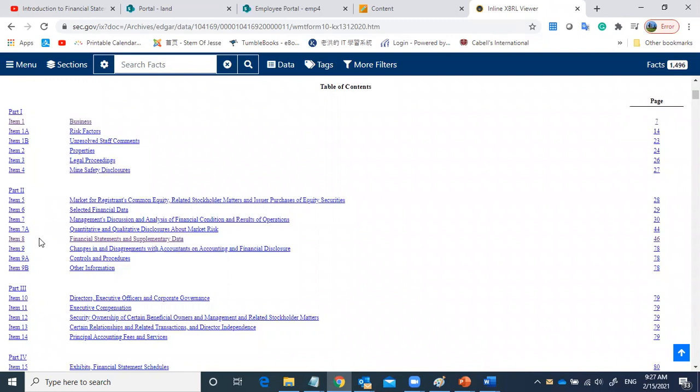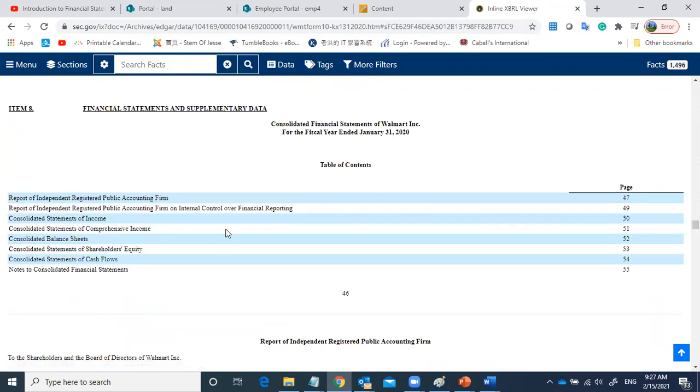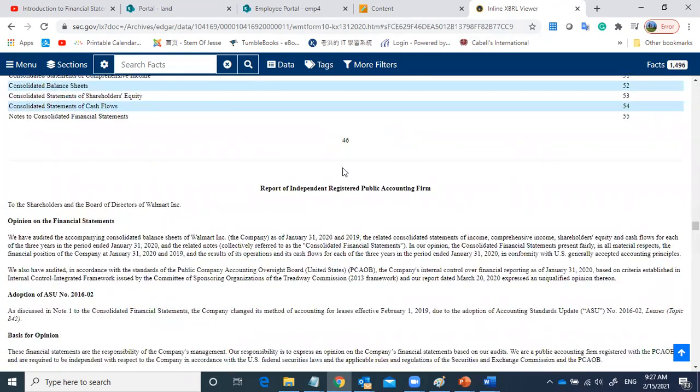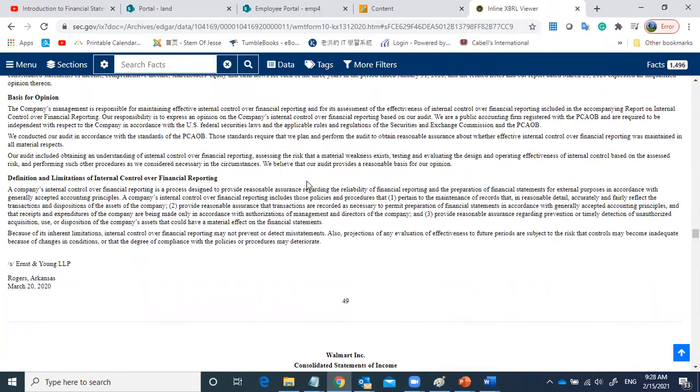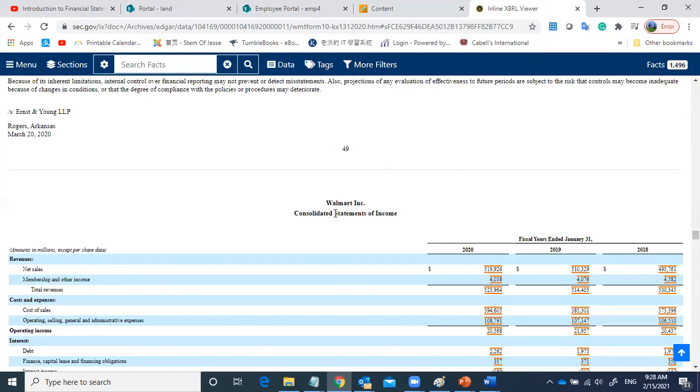And also the most important, the financial statements and supplementary data, Item 8, which is the consolidated financial statements. The financial statements include the statement of income. If you see "consolidated," more likely this company has overseas subsidiaries.